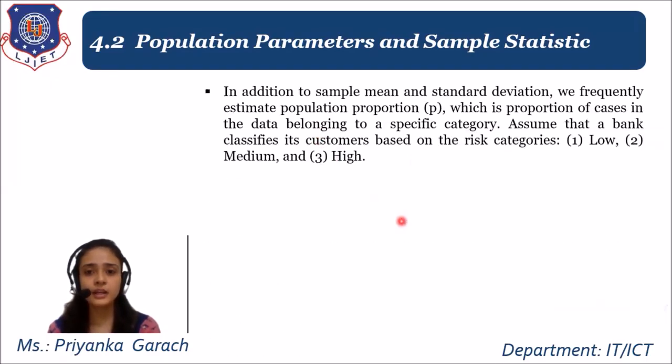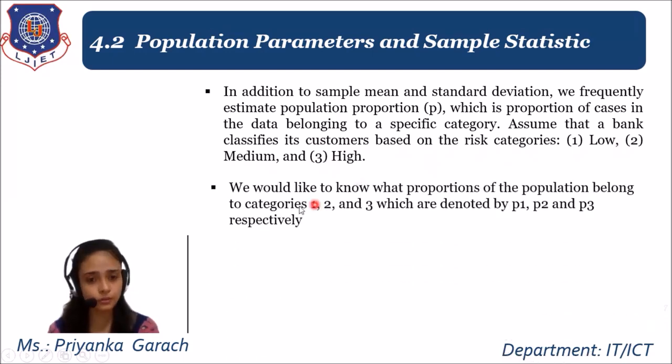In addition to the sample mean and the standard deviation, we frequently estimate the population proportion, that is P, which is the proportion of cases in the data belonging to a specific category. Assume that a bank classifies its customers based on risk categories: low, medium, and high risk.